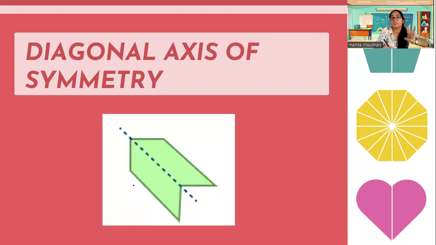Now, diagonal axis of symmetry. It means besides vertical and horizontal, you can find diagonal also. For example, in a square, I can find vertical, horizontal, as well as diagonal lines of symmetry.